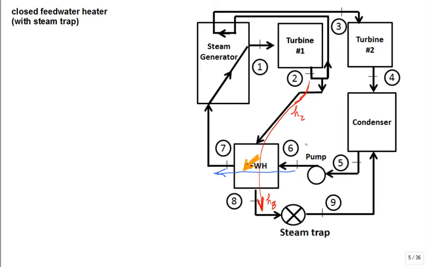So the energy that it gave up was the quality at 2 times hfg per kilogram that went through it. What's hfg? The heat of vaporization. Well, is that the same as the heat of condensation, so to speak? I know we say the heat of vaporization, thinking I've got to put in so many kilojoules per kilogram to change phase, to make it vaporize, to boil it, to go from saturated liquid to saturated vapor.